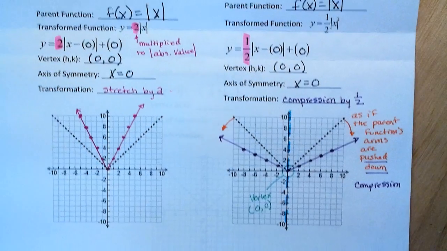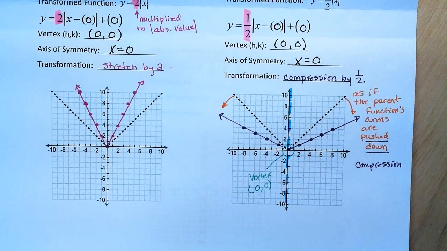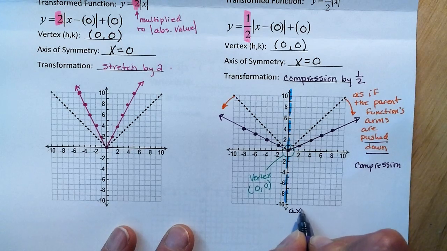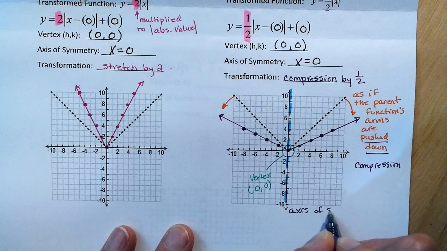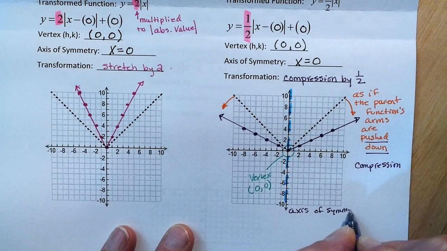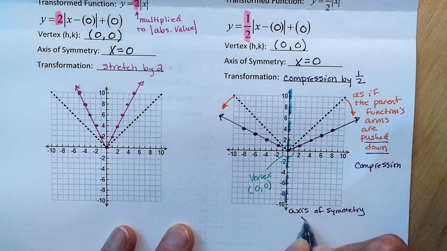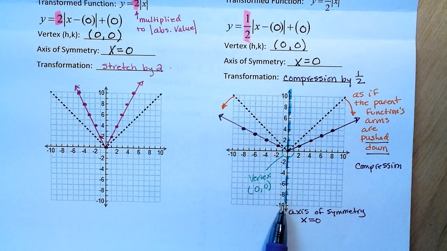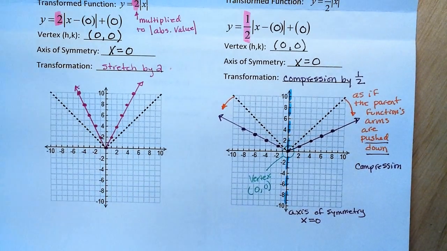So that's my axis of symmetry that goes through there. So I would say that my axis of symmetry is at x equals 0, which I neglected to draw on this one. But it's the same thing that's going on.